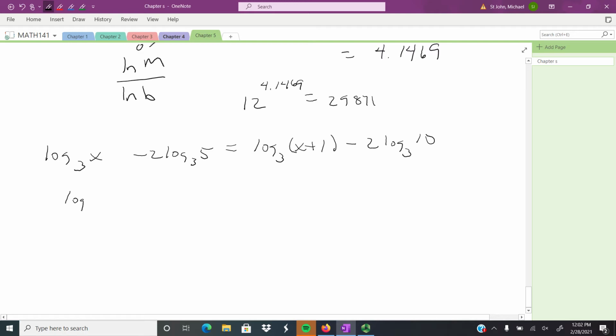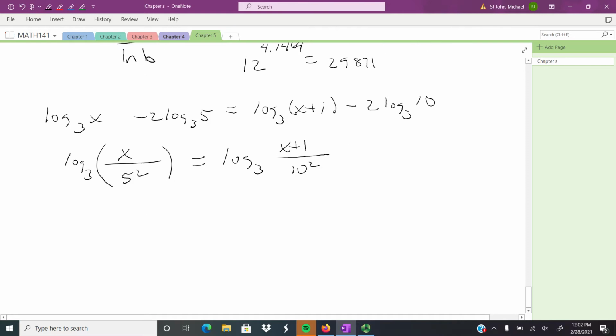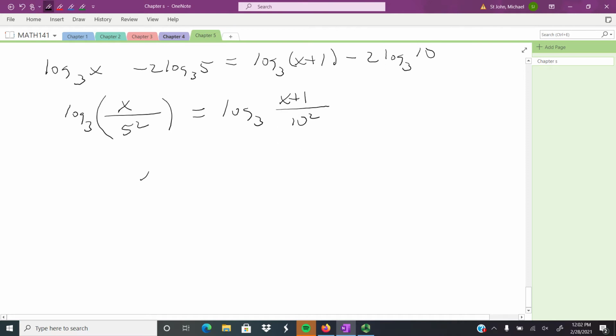Well, this would be log base 3 of x over 5 squared equals log base 3 of x plus 1 over 10 squared, right? Which means that x over 25 is going to be x plus 1 over 100. Again, that's because if the log of m equals the log of n, then m has to equal n.